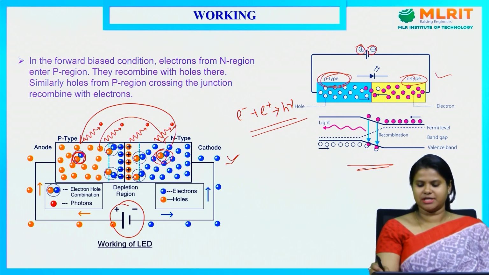Here we can see the conduction band and the valence band, and this is the Fermi energy level. The dotted line represents the Fermi energy level. When electrons and holes recombine at the junction, light is produced from this LED.